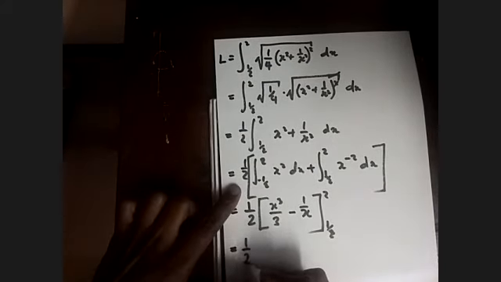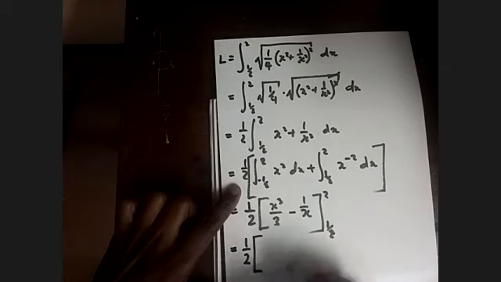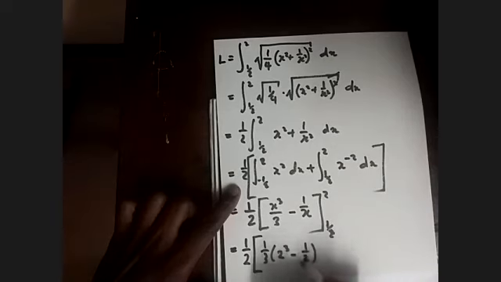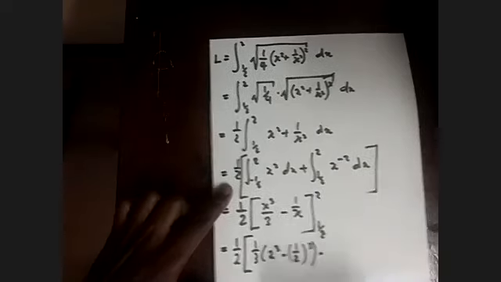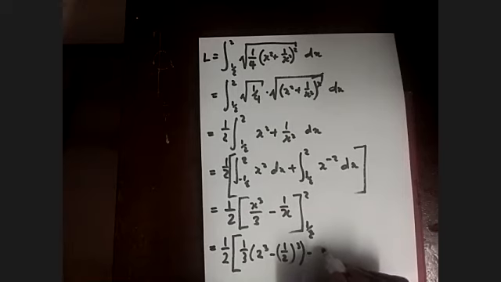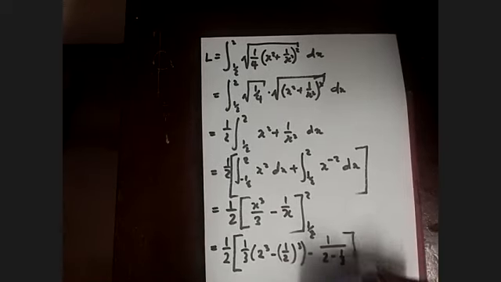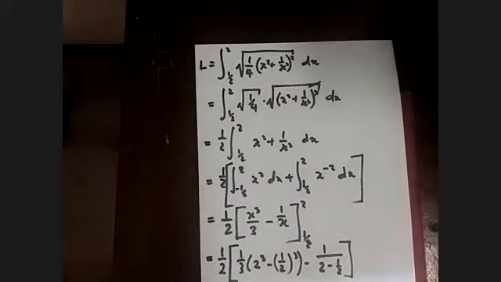So I'm going to have 1/2. Now we're going to substitute. So we're going to have 1/3 of 2 cubed minus 1/2 cubed. And then you're going to have minus 1/2 minus half. So what is the solution that we get? Oh, sorry, you don't see me. Sorry about that.